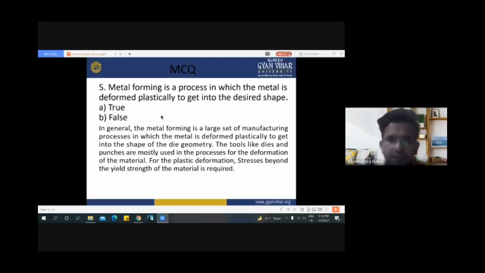Deformation occurs in two types: plastic and elastic. In elastic deformation, if we deform the shape and leave it, it comes back to its original shape. In plastic deformation, if we change the shape of a material, it cannot retain its original shape. So this statement is true.